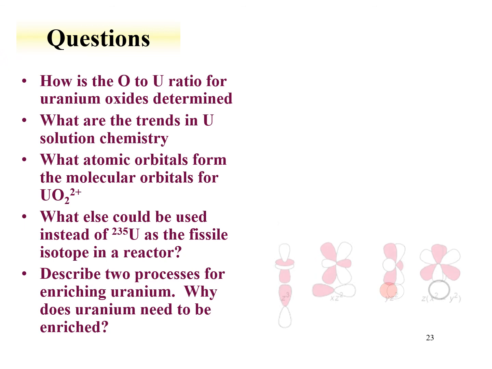What else can be used instead of U-235 as a fissile isotope in a reactor? Well, the other uranium isotope one could use would be uranium-233. And describe two processes for enriching uranium: a laser-based method, two gas methods, centrifuge and diffusion.